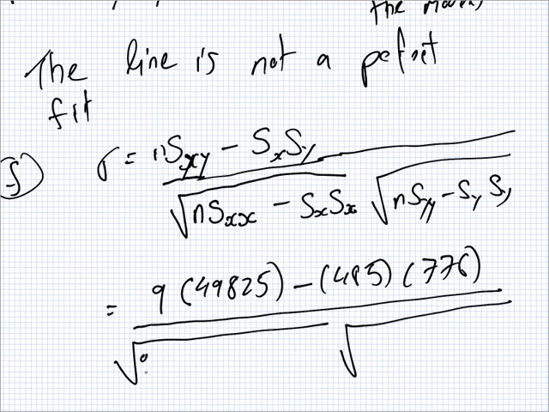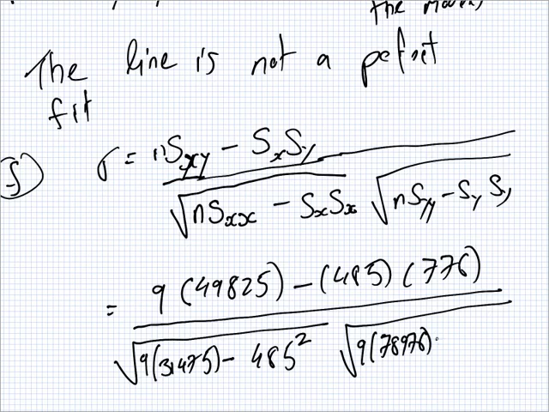The N is 9, the SXX is 31475, and the SX is 485 squared, and then the N SYY. What's the SYY? 78976 minus SY squared, 776 squared.